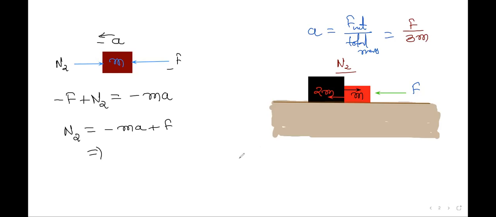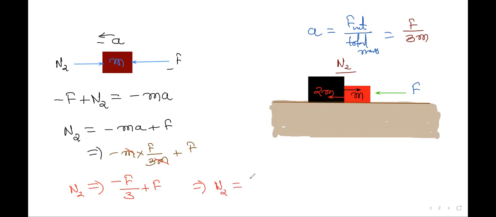Let's put the value of the acceleration: minus m into F upon 3m plus F. We can cut m from m, so the value will be minus F by 3 plus F. So it will be 2F by 3.